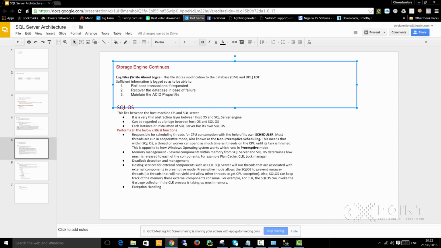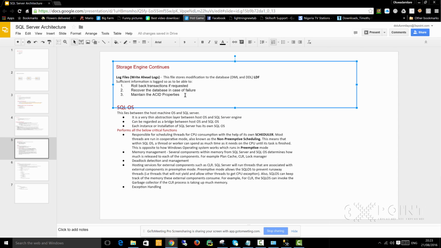So it's just a place where it stores modification, DML, operations that happen in SQL Server, and you use it basically for these purposes. In case you want to roll back transactions, SQL Server uses the log file to do that. If you want to recover the database in case of a failure, you can recover to a point in time and put the database to a point of recovery, because there's a difference between restoring a database and recovering the database.